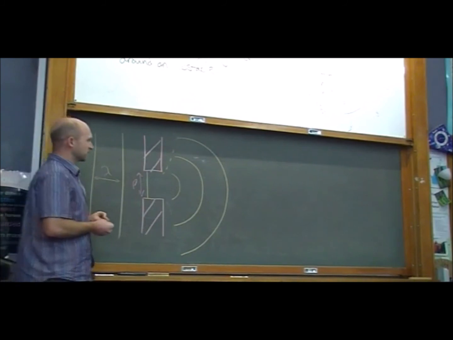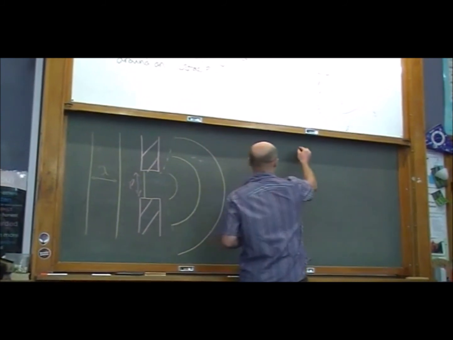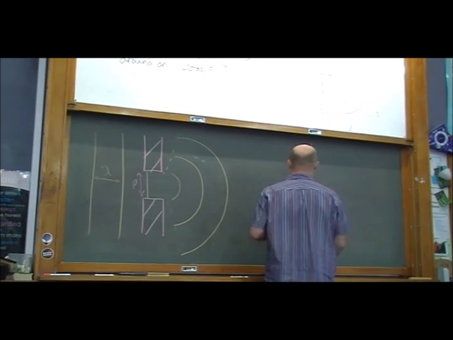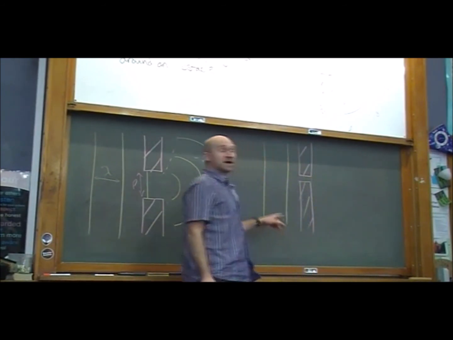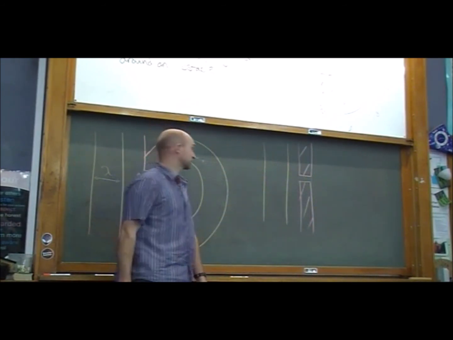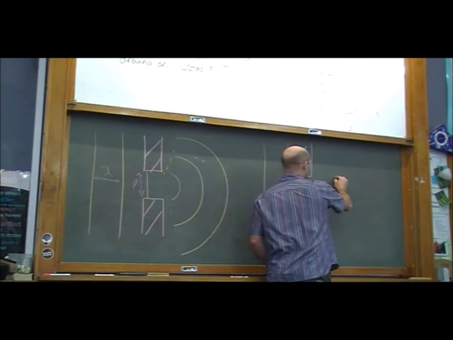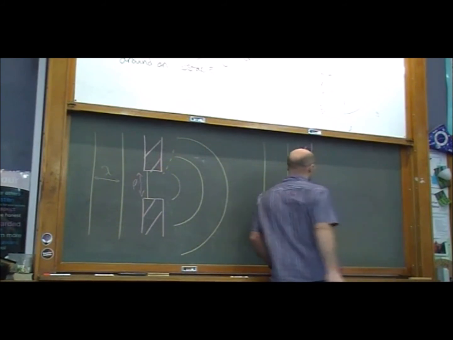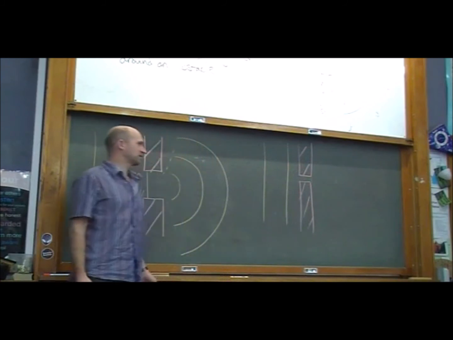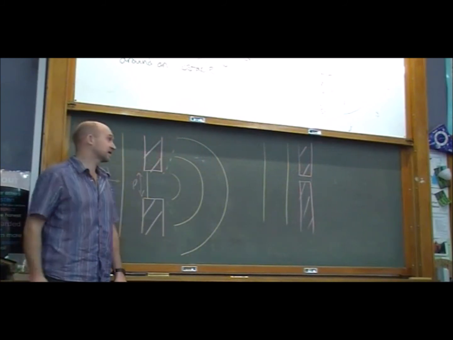If the wavelength is much different, if we had the gap really small compared to the wavelength, we just get a tiny little bit of wave energy transferred through, hardly anything.